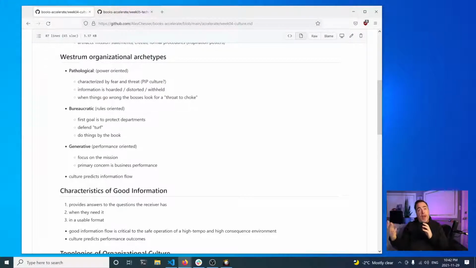The bureaucratic organization is one where departments are highly regimented and they work on a rules basis. Groups will defend their territory and they will push back.